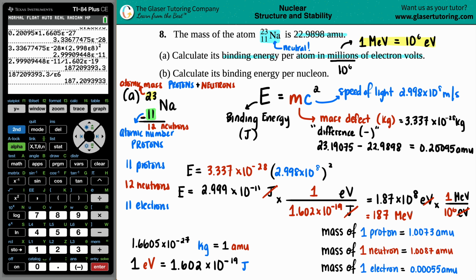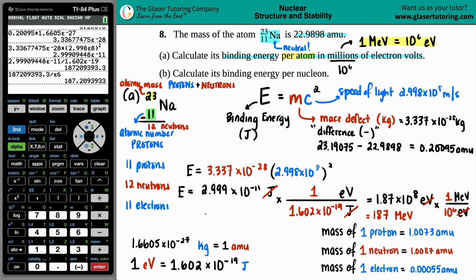Mega electron volts. But now they want it per atom. These are in per mole because in physics it's kilograms per mole because you're using the molar mass, which we know is grams per mole, but in this case it's kilograms per mole.